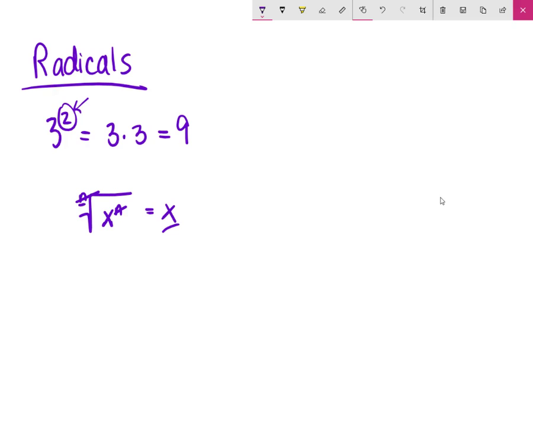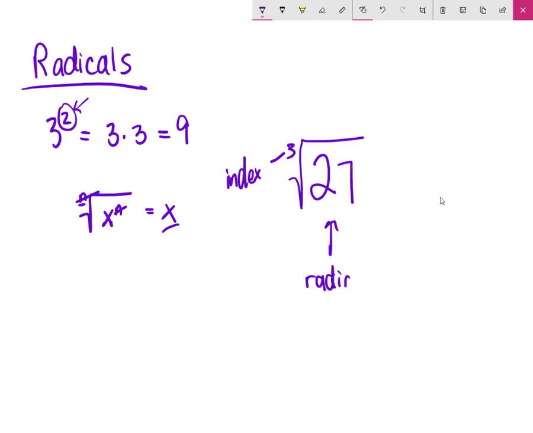Let me give you an example. We have 27, and we're finding the cube root of 27. So this number would be the index. The number under the radical would be the radicand.